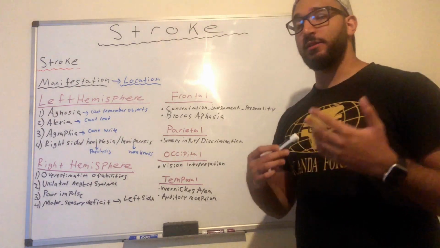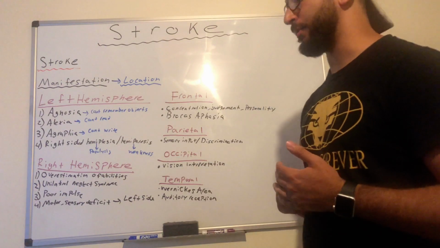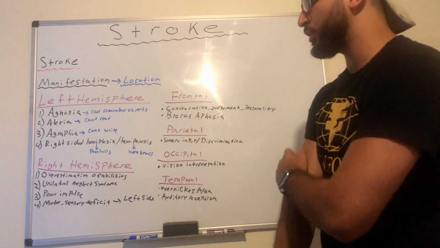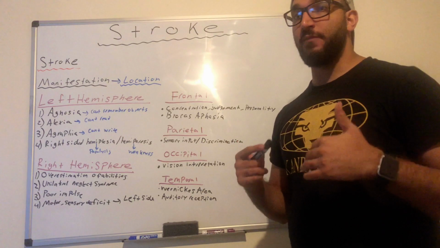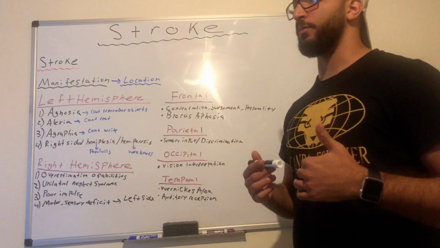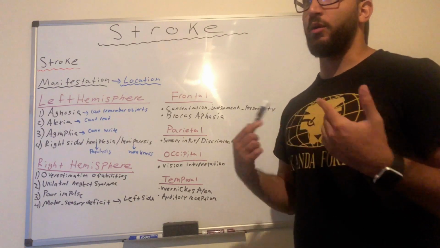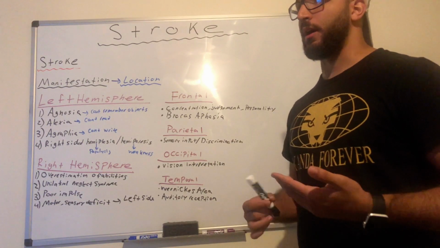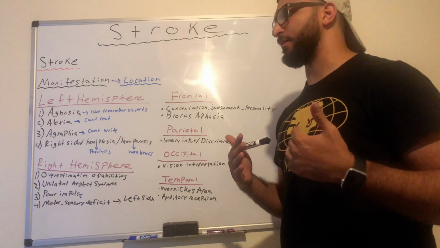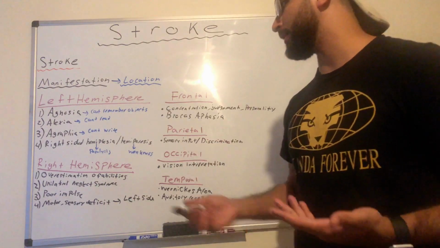So these are some attributes that go along with a right hemisphere stroke. A patient may have an overestimation of their abilities, meaning they may perform functions that are out of their normal characteristics. They think they could, for example, lift something up that's extremely heavy, but they really can't.